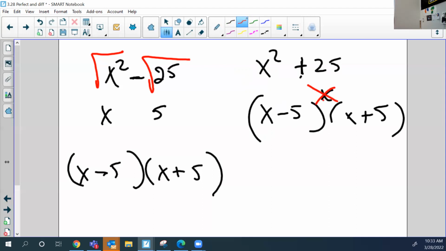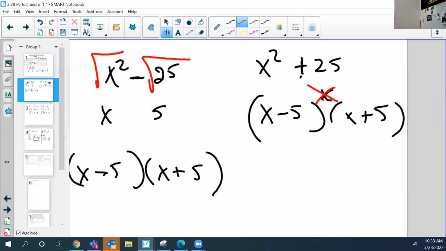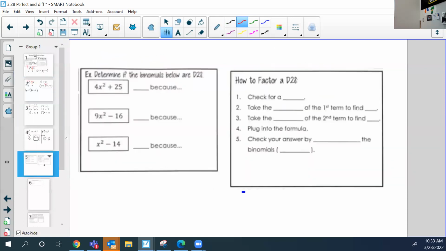All right, guys. Let's go back to the handout and see. Here it asks you to determine if the following are differences of perfect squares. Well, it's a binomial, yes.